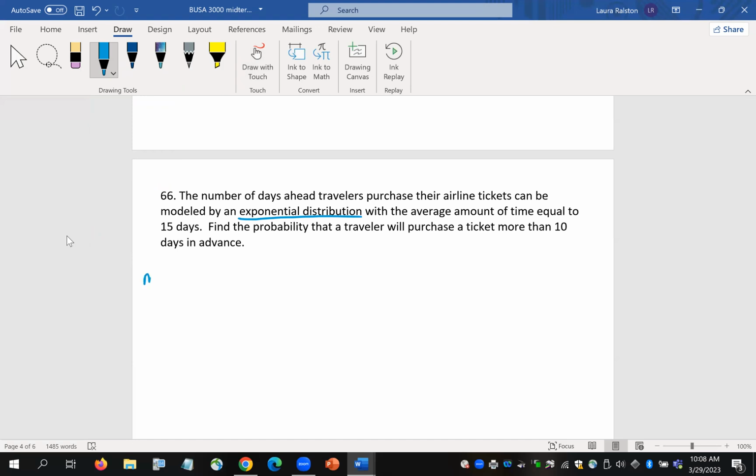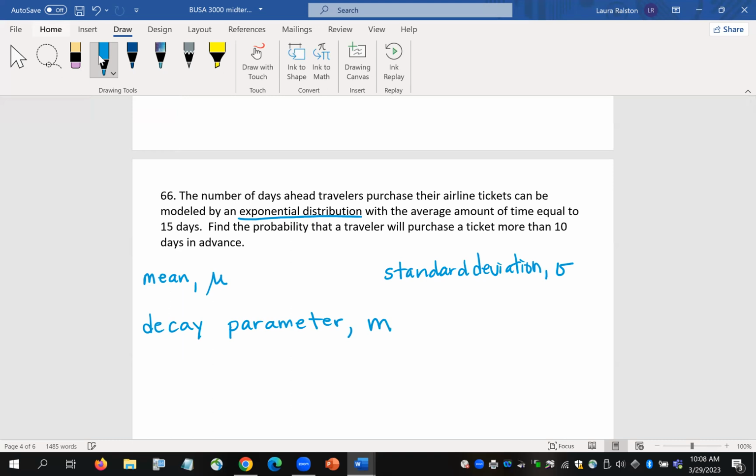So from that, I need to be able to identify my mean. I need to be able to identify the standard deviation. And we need the decay parameter. Okay, it says with the average equal to 15 days.